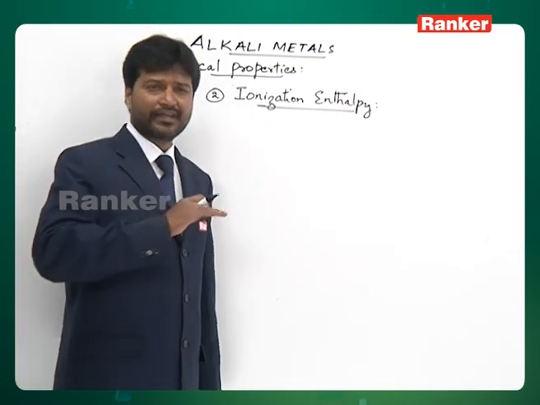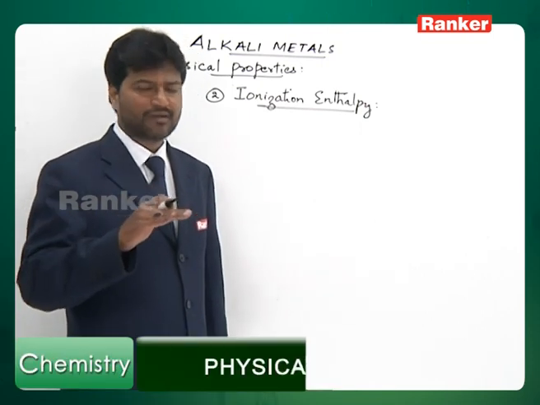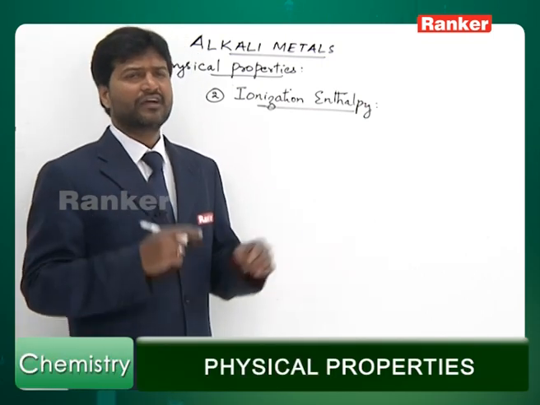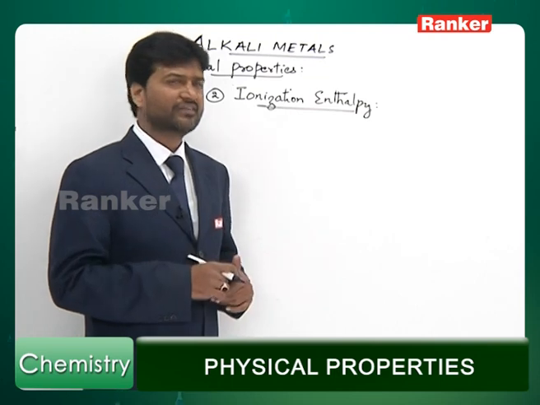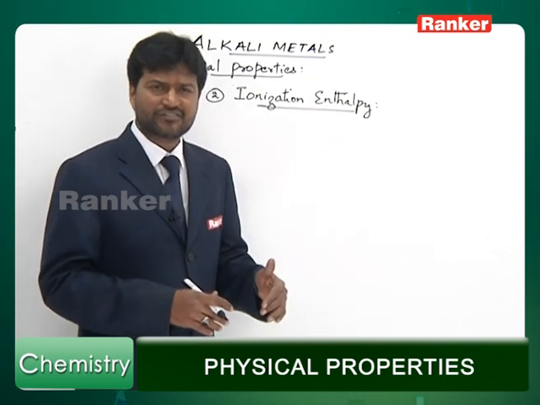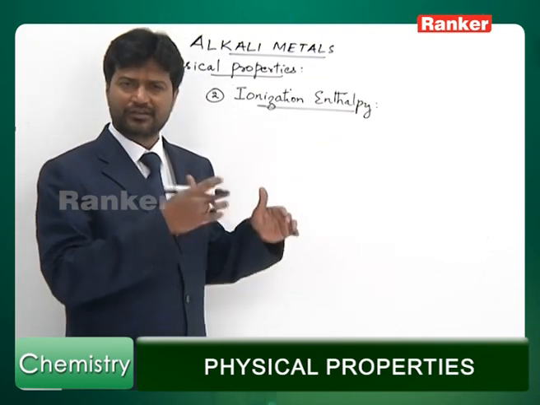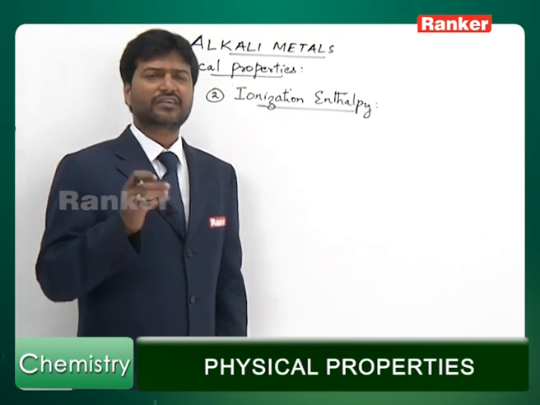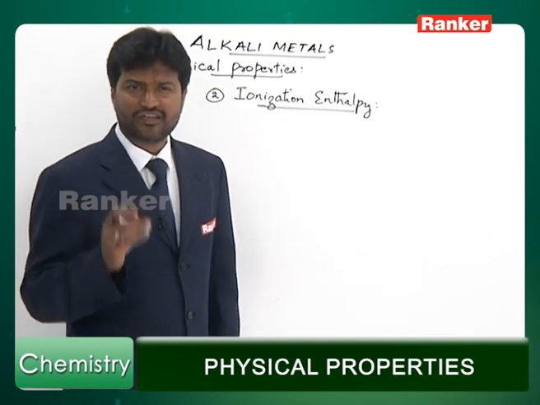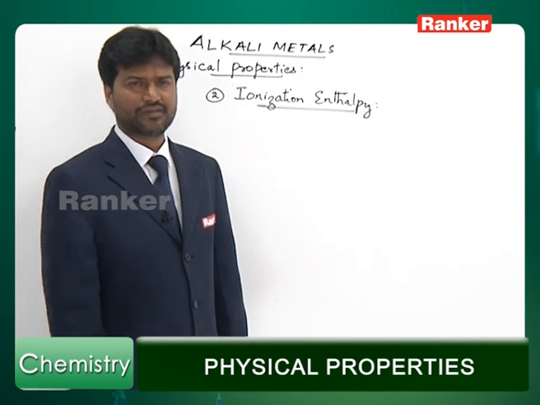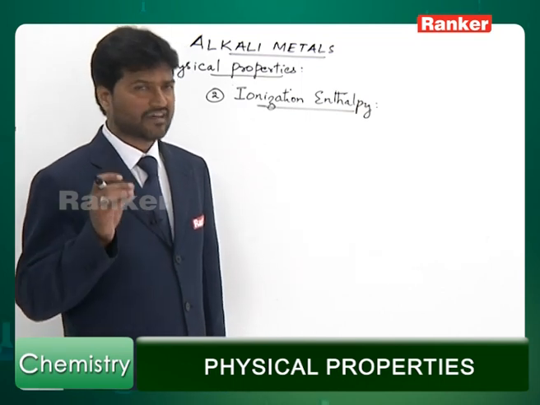If you compare ionization enthalpies of elements in the second period, lithium has the lowest. In the third period it is sodium, in the fourth period it is potassium, then rubidium, then cesium. So these elements have lowest ionization enthalpy in their corresponding periods.